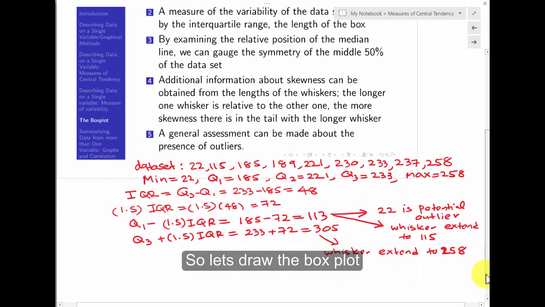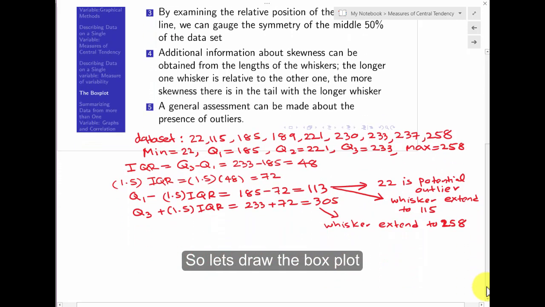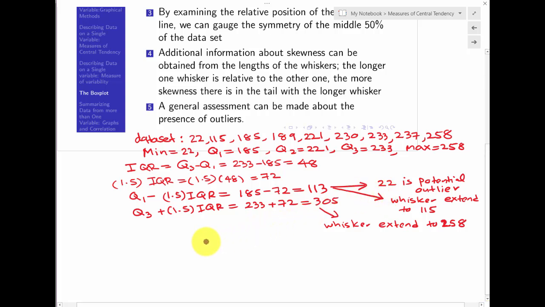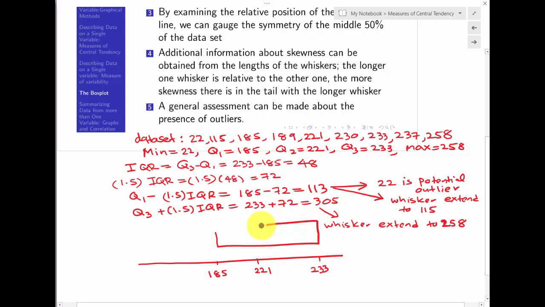So let's draw the box plot. First we draw the box around Q1 and Q3. So let's say this is my scale. This is not a nice scale, but let's just pretend it's to scale. 233. So I draw a box around this between the first quartile and third quartile. Then I draw a middle line.